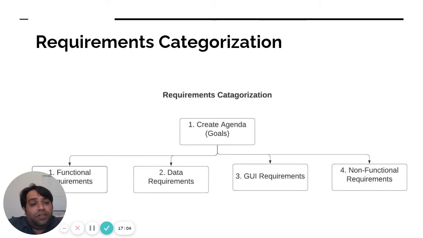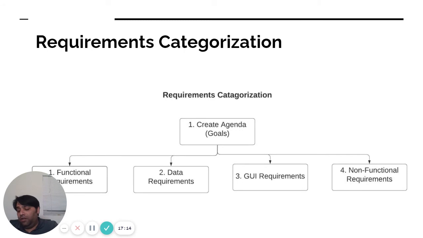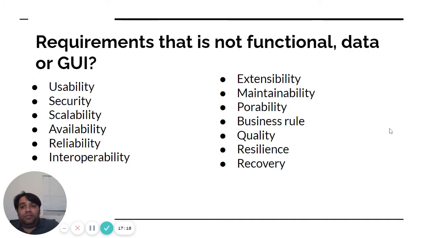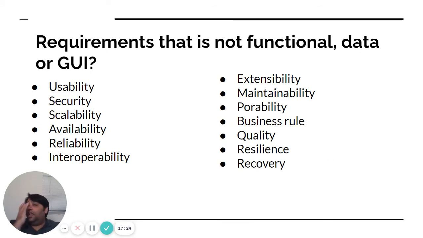It is neither functional nor non-functional. So there are certain requirements which will not fall in the three other disciplines, so they will fall in some other thing, non-functional, you can say.